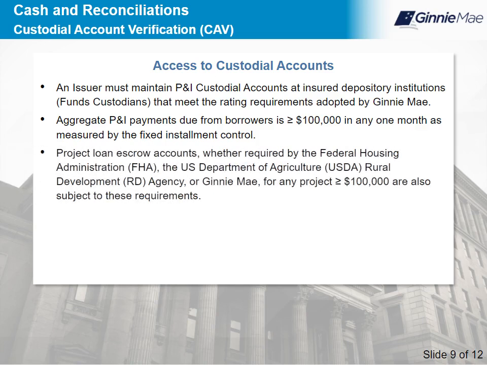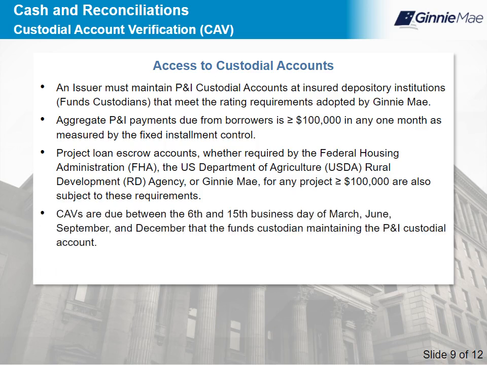Project loan escrow accounts, whether required by the Federal Housing Administration, FHA, the U.S. Department of Agriculture, USDA, Rural Development, RD agency, or Ginnie Mae, for any project greater than or equal to $100,000 are also subject to these requirements.